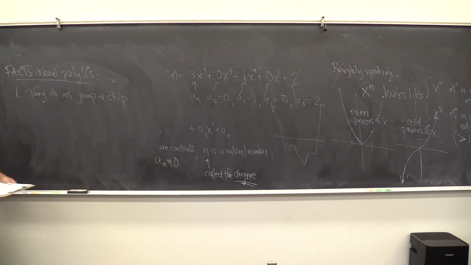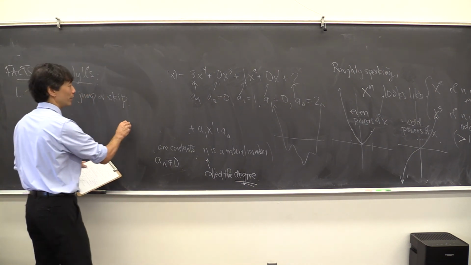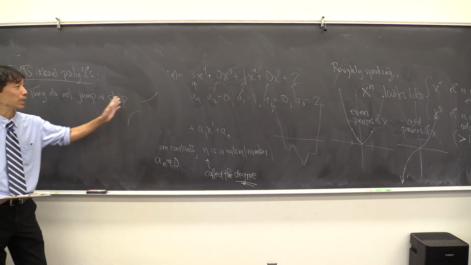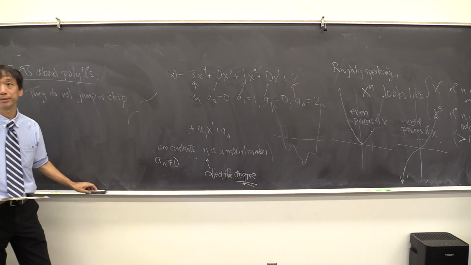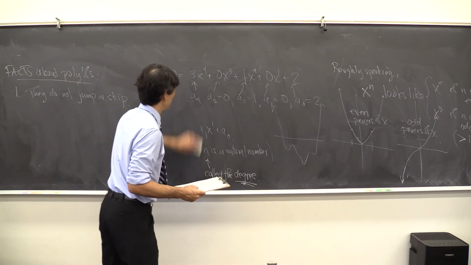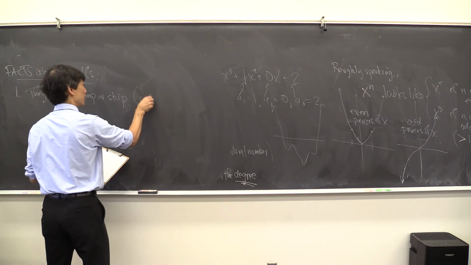They're continuous, is what we would say mathematically. They don't have any breaks. This is not a polynomial. If you see it's got a break in it, it's not a polynomial. This is what's called continuity.